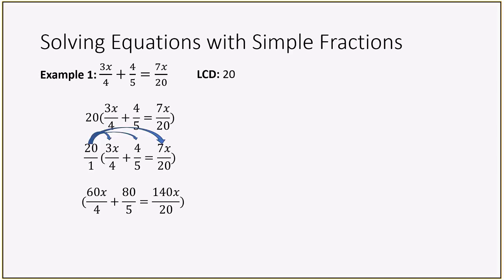Now I simplify everything. 60x divided by 4 is 15x, 80 divided by 5 gets me 16, and 140x divided by 20 gets me 7x. Great, now I have no more fractions to deal with, so I just solve it as though it's a regular equation.